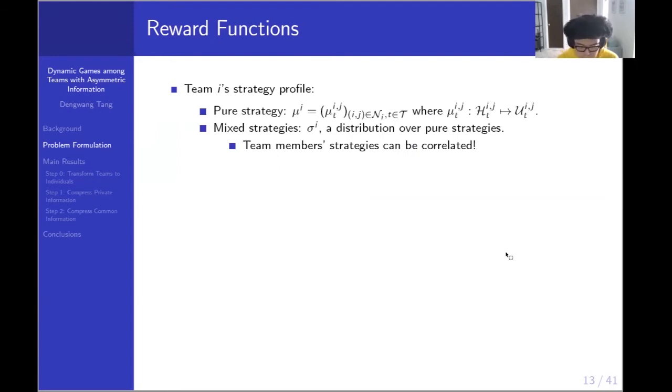Note that we allow this distribution to be any distribution, which means that the strategy choices of members of the same team can be correlated. Also notice that we follow the game theory tradition to assume that different teams will use independent strategies. So strategies can be correlated within a team, but they are independent across teams.